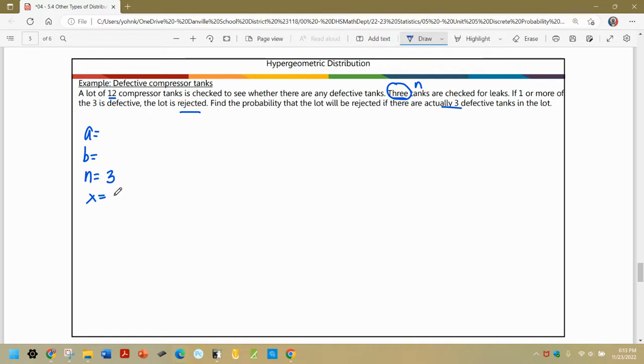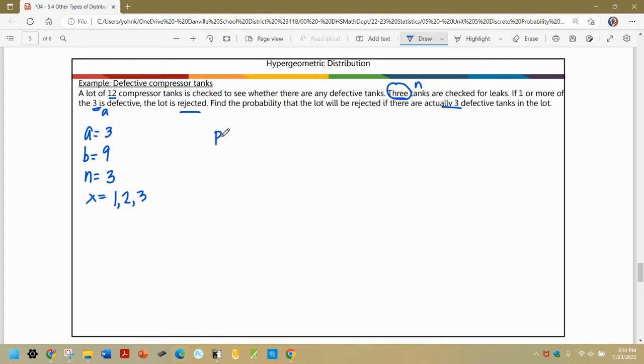Well, that means I can have 1, I can have 2, and I can have 3. So my A value is going to go with defective. And it says that there are 3 that are defective. That's our A value. So if 3 of them are defective and there's 12 altogether, then 9 are not going to be defective or are fine.